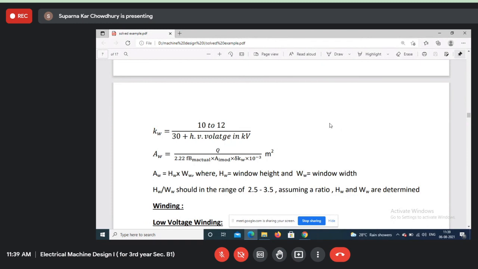Might be we can go on this side slightly higher, but this is the normal range. So we take a ratio in between in this range, and putting the ratio, we get values of HW and WW. Remember that this is the starting value of the window.